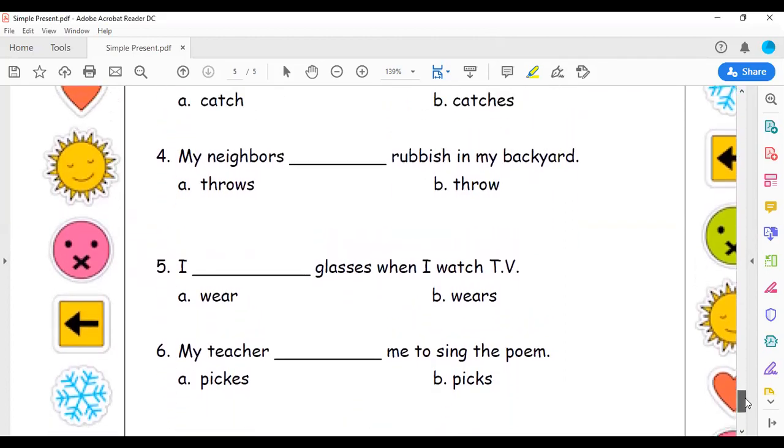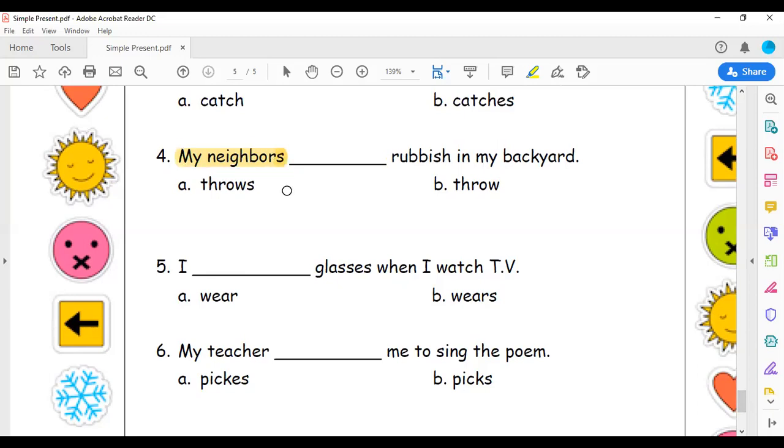Number 4. My neighbors throw rubbish in my backyard. Oh, my neighbors, this is not nice. Okay, where's the subject? My neighbors. Look, neighbors. I have S here. Can you see it?